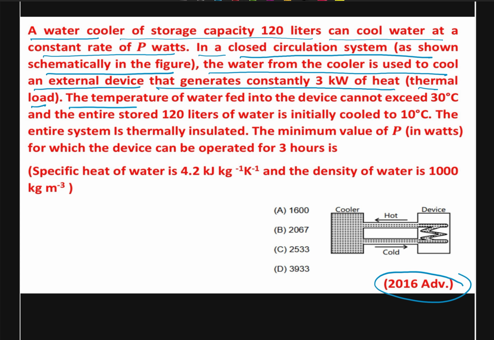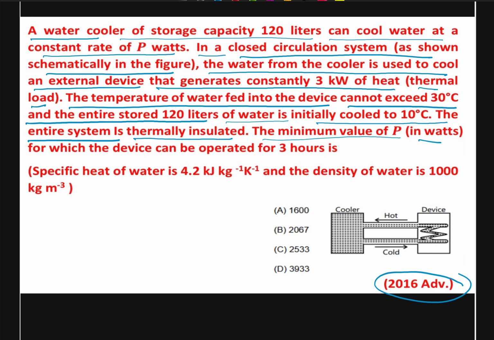The temperature of the water fed into the device cannot exceed 30 degrees centigrade, and the entire stored 120 liters of water is initially cooled to 10 degrees centigrade. The entire system is thermally insulated. The minimum value of P in watts for which the device can operate for 3 hours is, and the specific heat and the density of water are given to us.